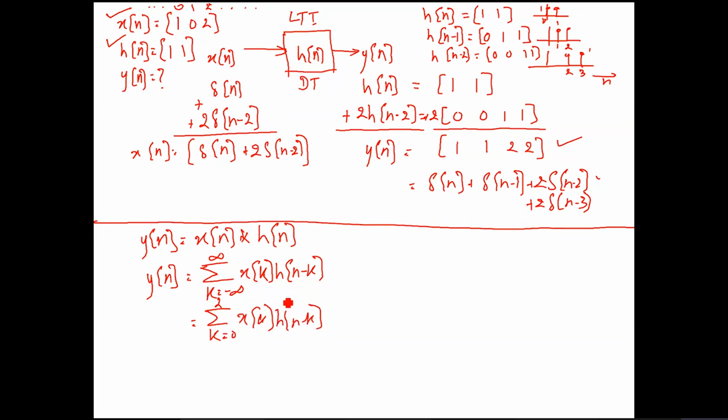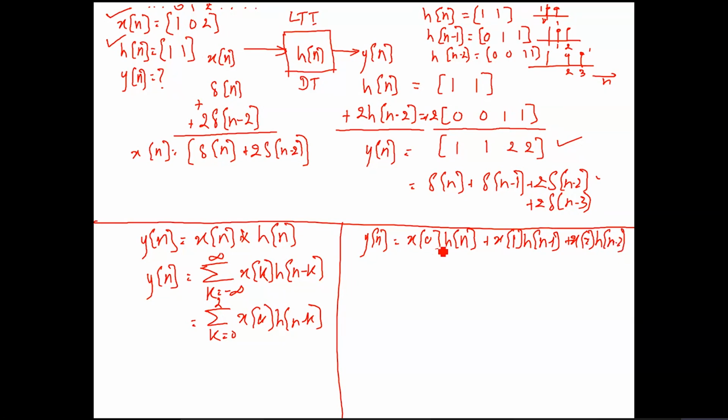Right? So if we just open up this summation, y of n becomes x of 0 times h of n minus 0, which is h of n, plus x of 1, which is 0 below, times h of n minus 1, plus x of 2 times h of n minus 2.